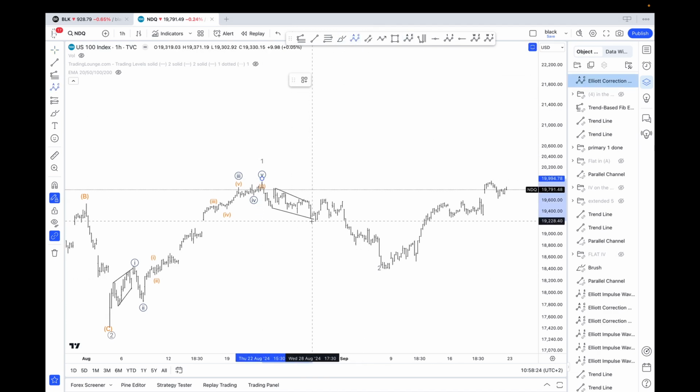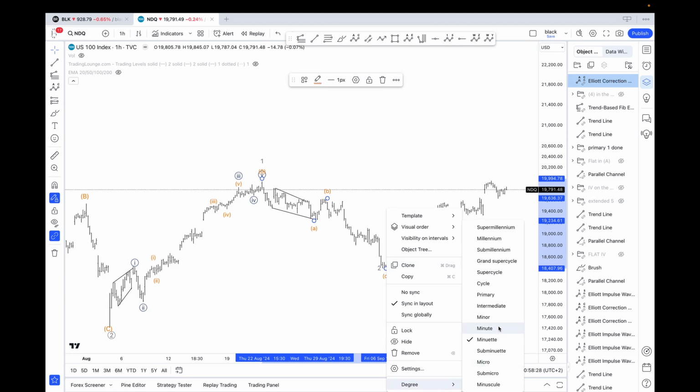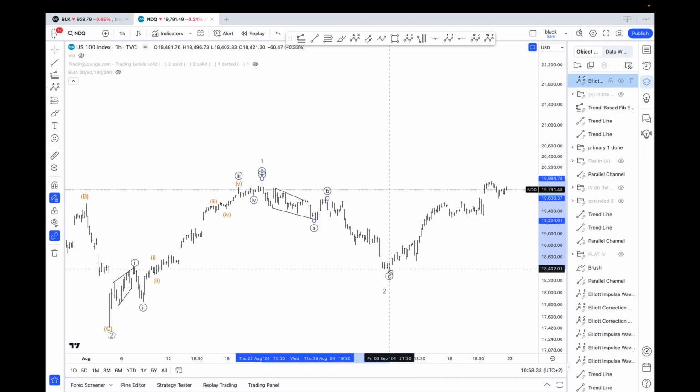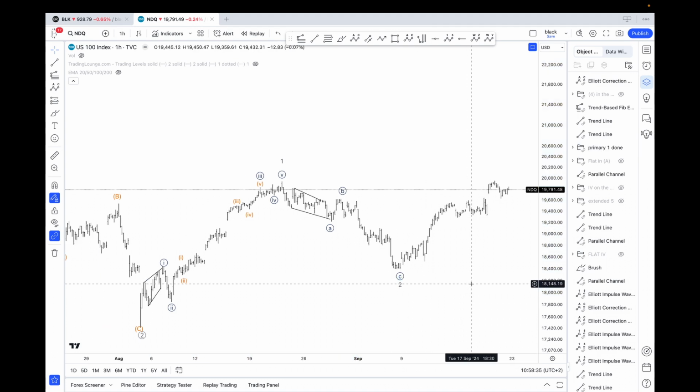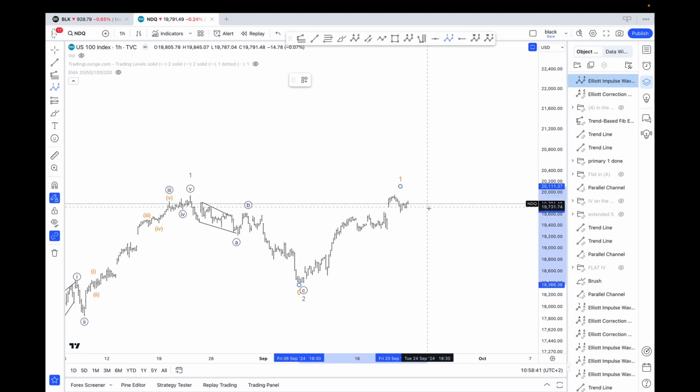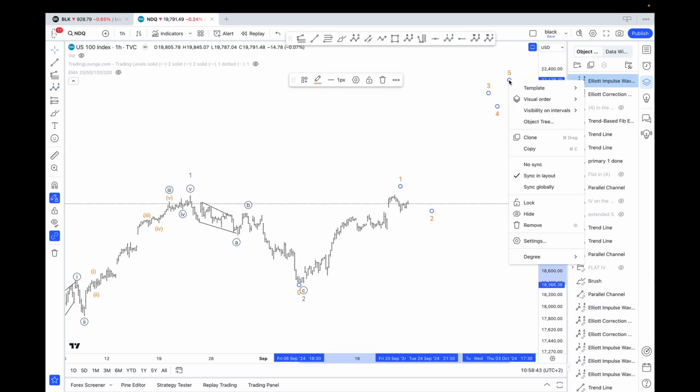Not that I would; as I said, I'd rather see it as a three-wave move. Whether I'm right or wrong, time will tell. But that would be my best guess, to be fair. And here, again, 1, 2, 3, 4, 5 could be close to something minute.